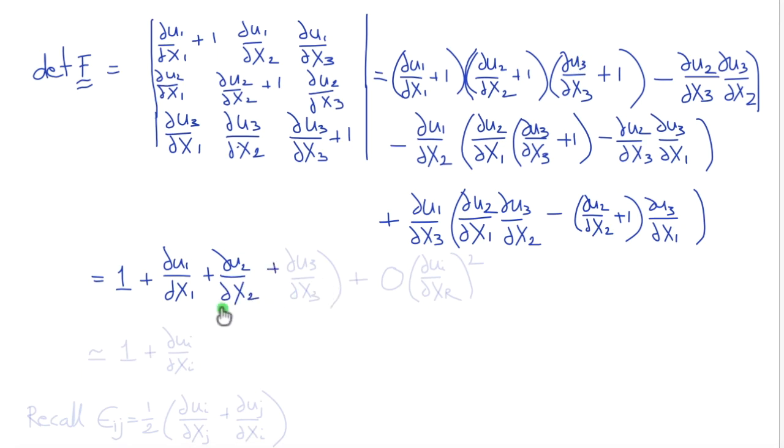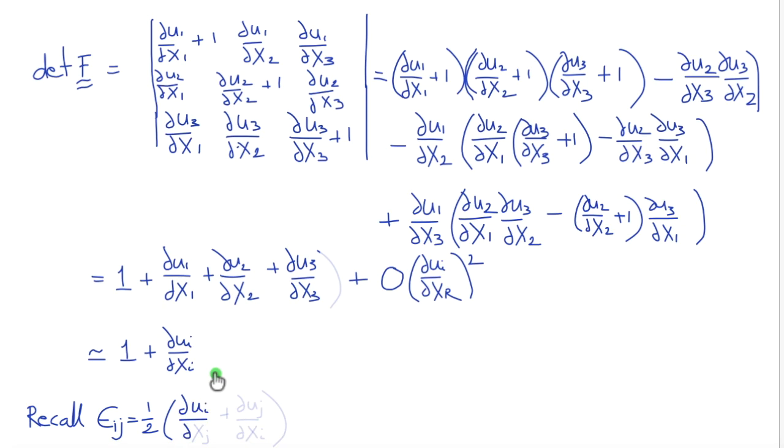So we get 1, this product there, plus del u1 del x1 plus del u2 del x2 plus del u3 del x3 plus a lot of terms that are all of order del u_i del x_R squared or smaller. So if del u_i del x_R is much less than 1, then terms of order del u_i del x_R squared and smaller are even less than 1, and so the determinant of F is approximately equal to 1 plus del u_i del x_i for small displacement gradients.